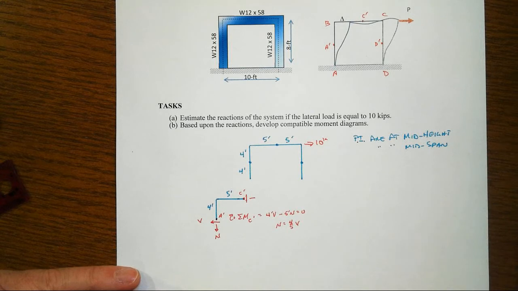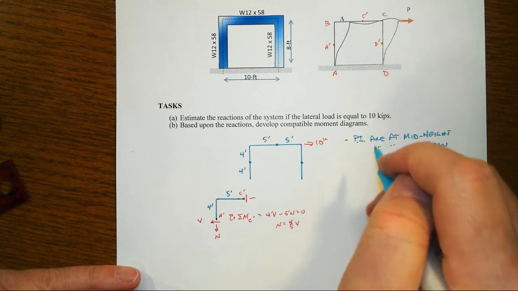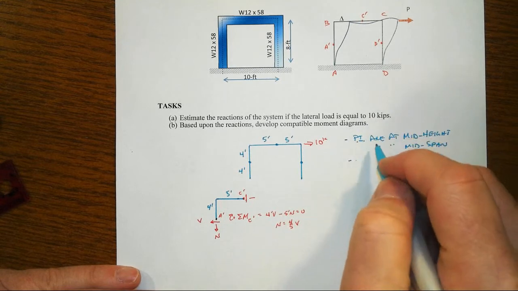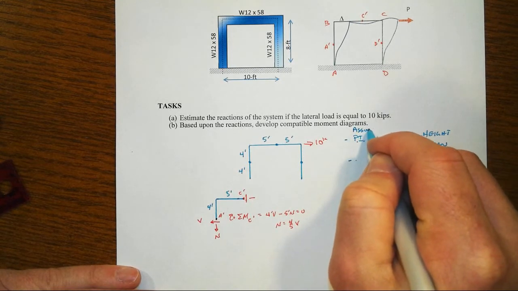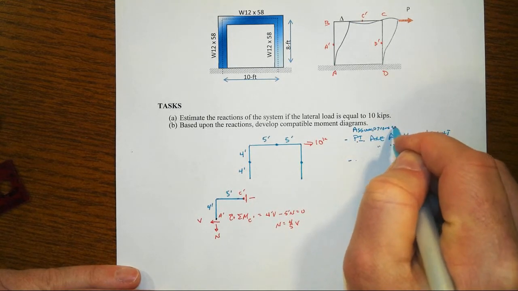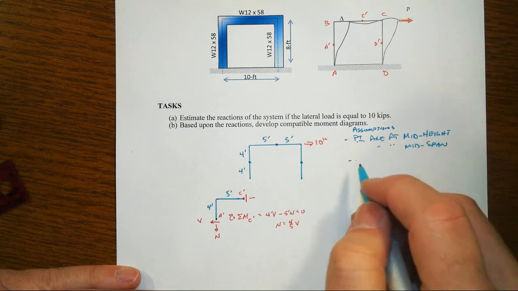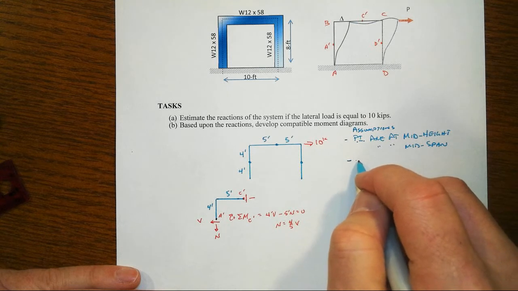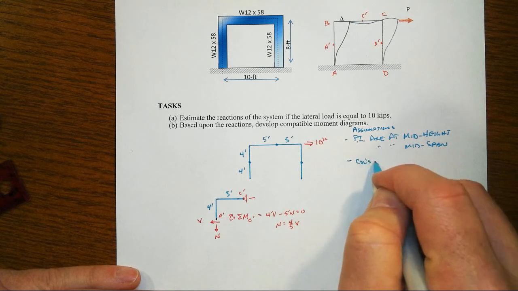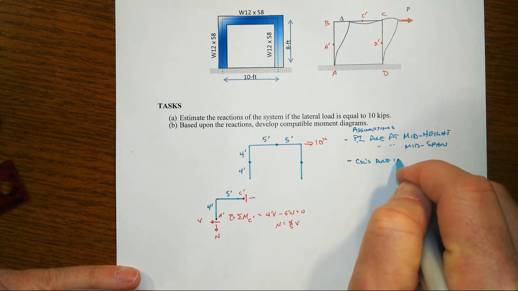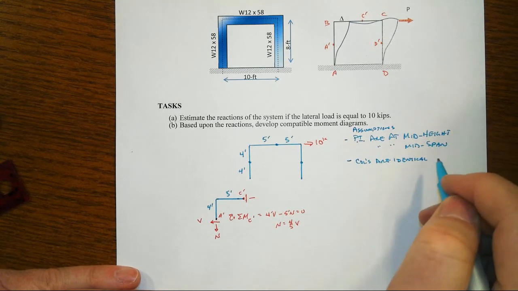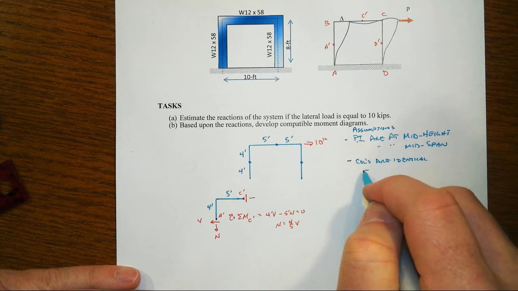So one other thing that we are going to do is assume a distribution of the lateral forces. Now with only two columns in the system and with the columns being identical, both in their size and in their end conditions, they have the same stiffness.